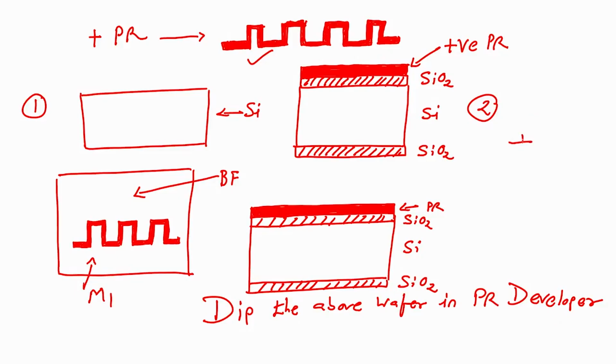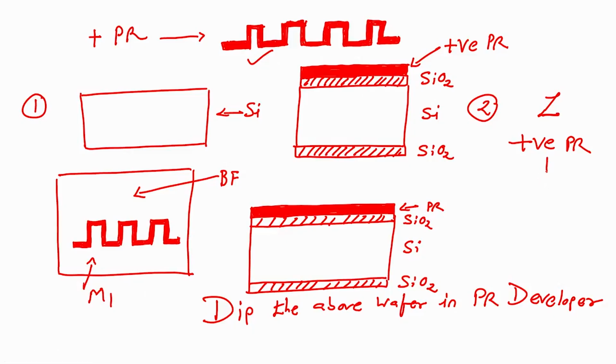We have used positive photoresist. So, whatever the pattern, suppose this is the pattern, or let us put a symbol, so it is easy. Let us say this is the pattern Z, alright.